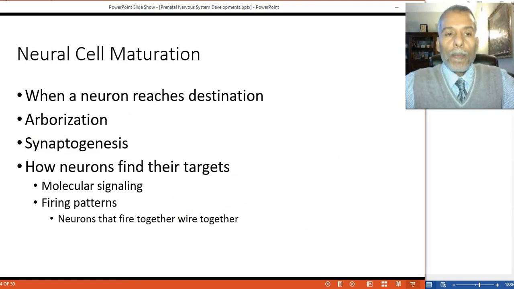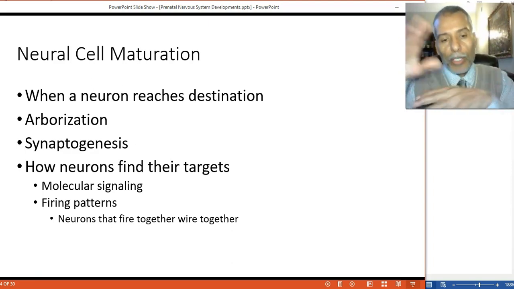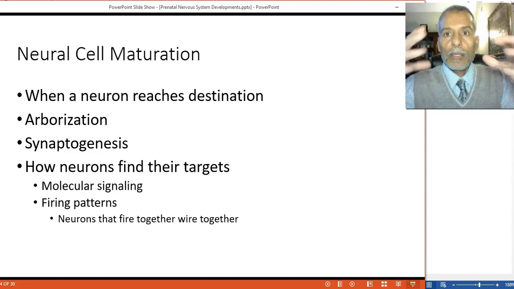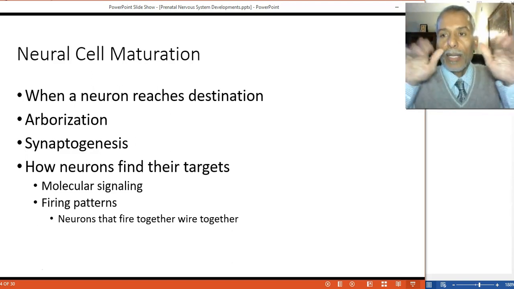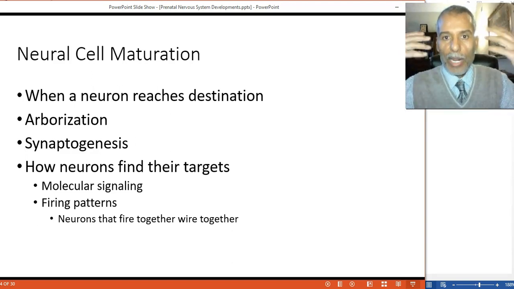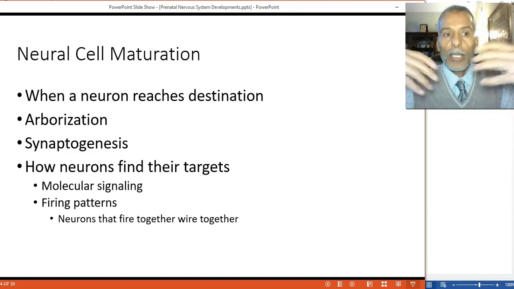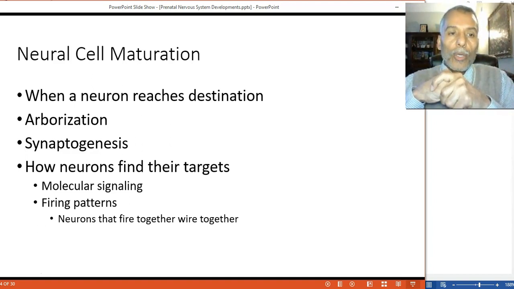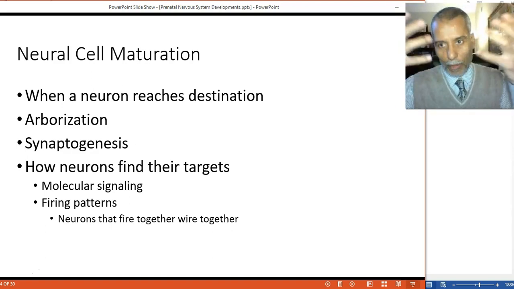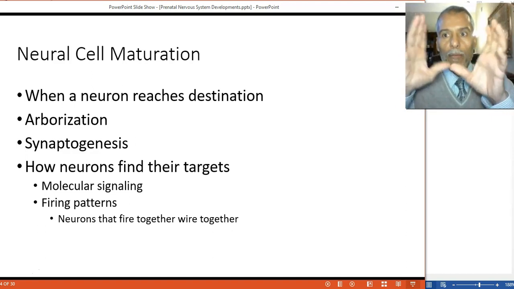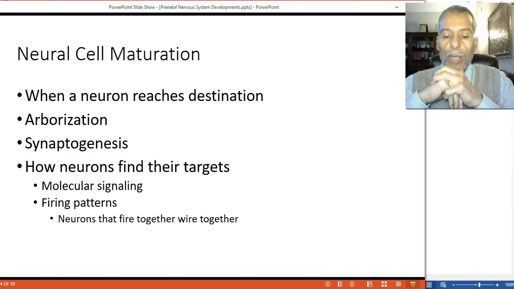Cell maturation. After the migration process is completed, the cells are in their destination now, and now you need to connect them so that they can communicate, they can connect with the different parts of the brain and with the different parts of the body eventually. But in order to do that, they have to develop to be bigger, to have more developed structures.